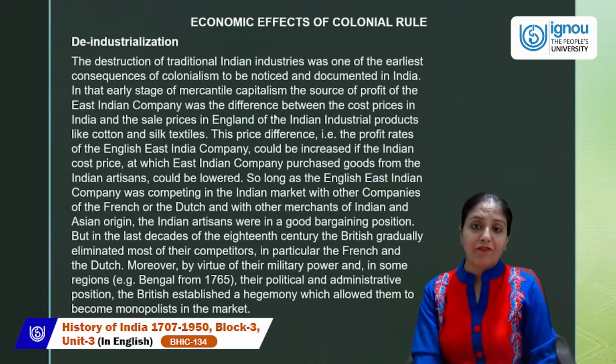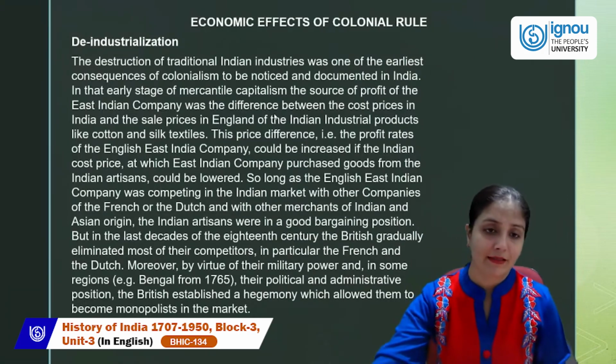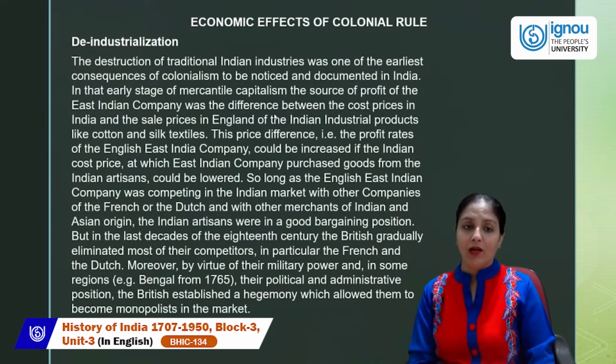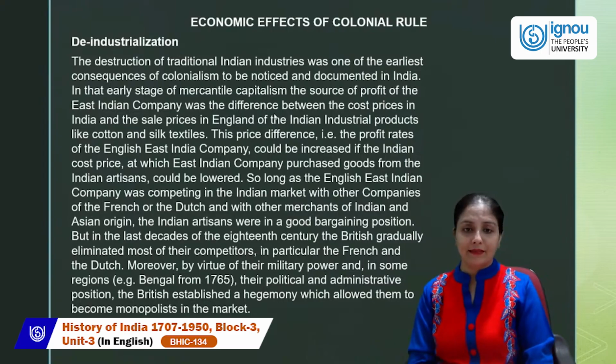This price difference, like the profit rates of the English East India Company, could be increased if the Indian cost price at which the East India Company purchased goods from the Indian artisans could be lowered at that time. So long as the English East India Company was competing in the Indian market with other companies, French or Dutch, and with other merchants of Indian and Asian origin, the Indian artisans were in a good bargaining position.